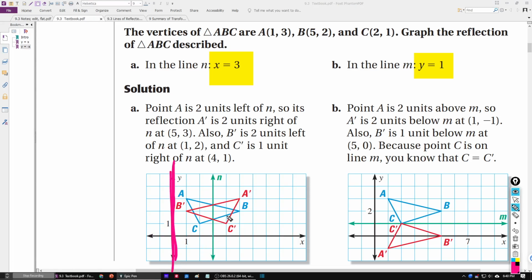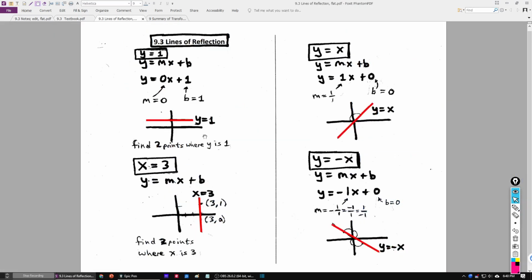That's super nice and easy. But most times they're going to say y equals a constant, whether it's 1, 2, 3, or -5 or whatever, or x equals a constant, or y equals x, or y equals -x.